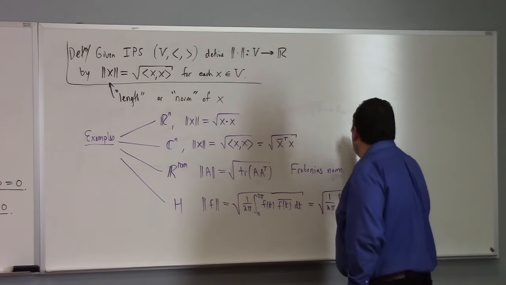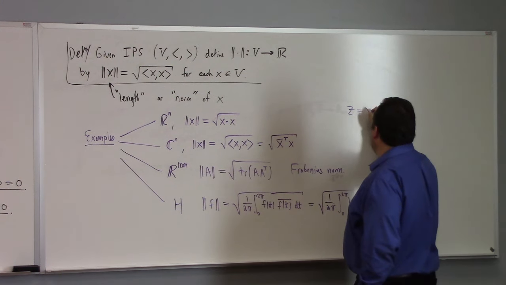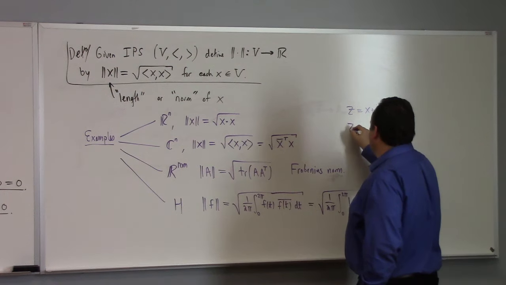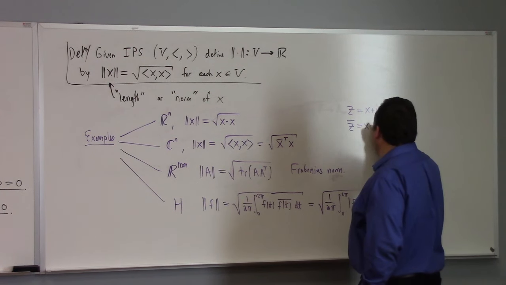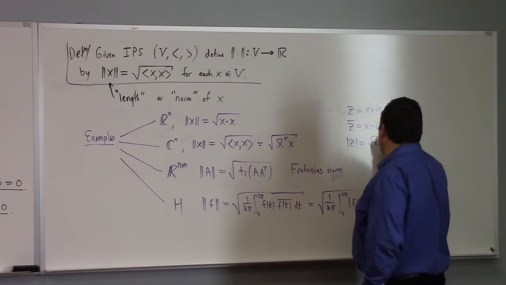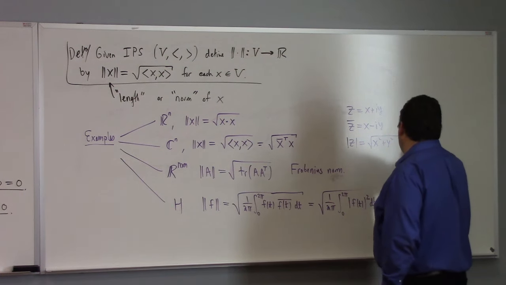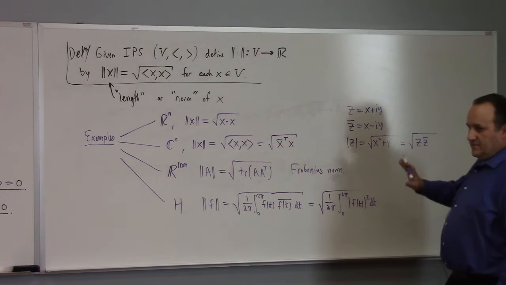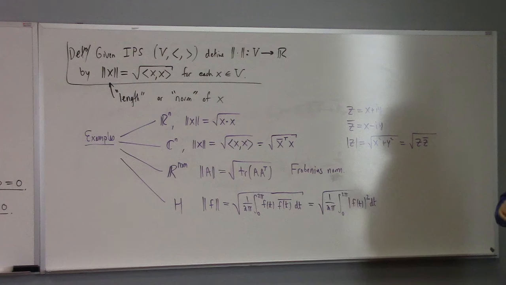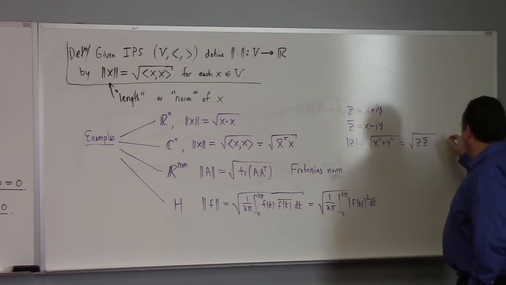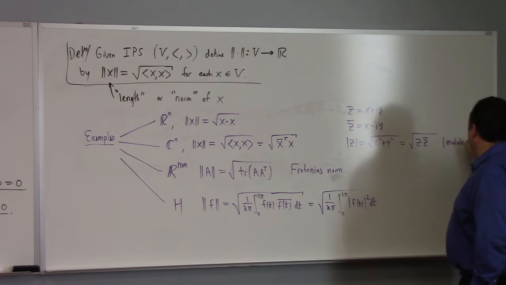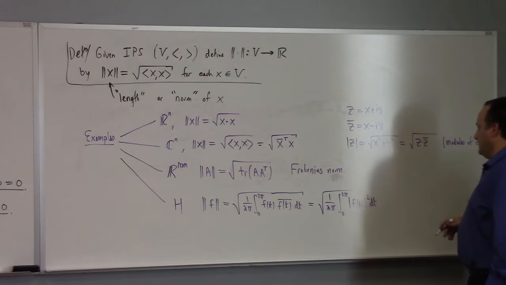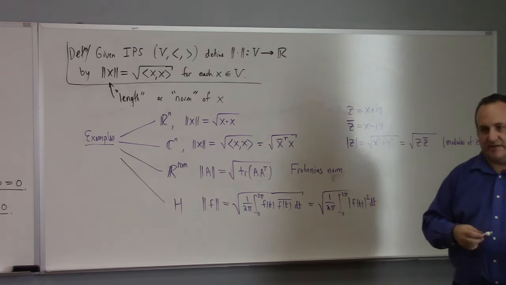If we have z equal to x plus iy, I've been assuming you know what the complex conjugate is. I hope you do. If you don't, here's what it is. The modulus of z is the square root of x squared plus y squared. It could also be written as the square root of z z bar, if you like. So these are some important formulas. This is also called the modulus of z, which is really the length of z as a complex number.